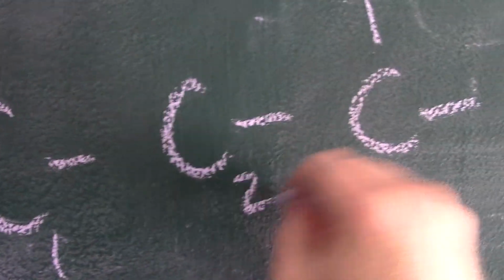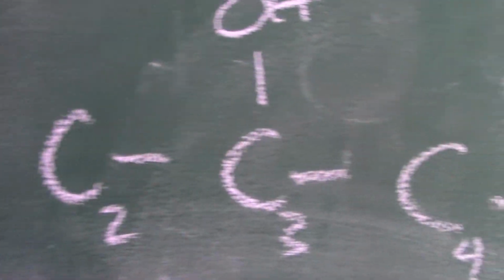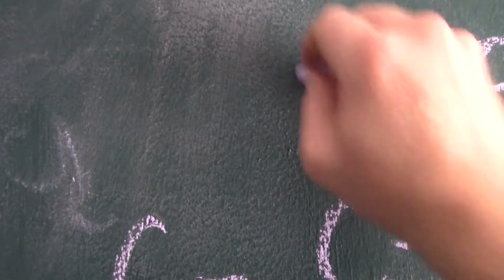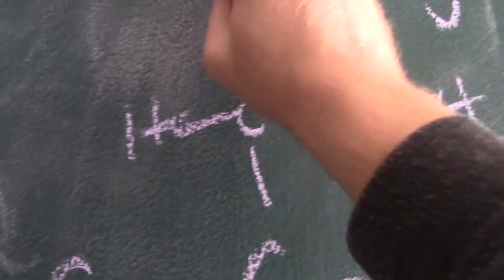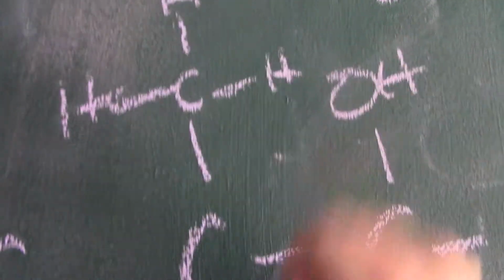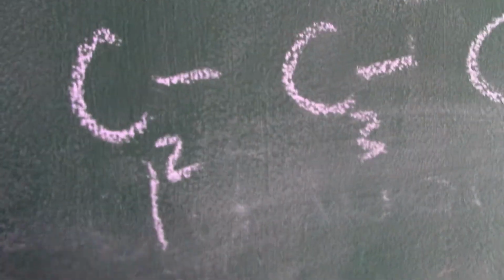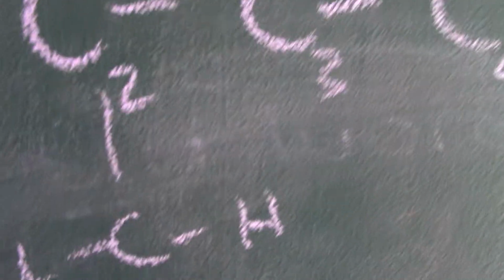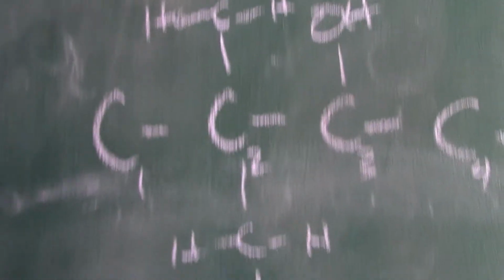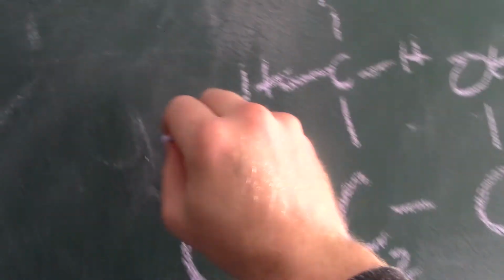So let's name these carbons. So let's see, this is the complete structural diagram. Carbon 3, and I've got methyl groups on carbon 2. All right, and then we fill in the rest.